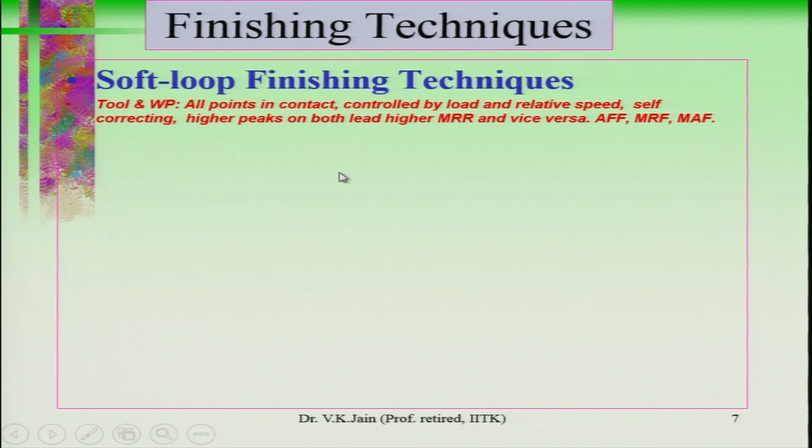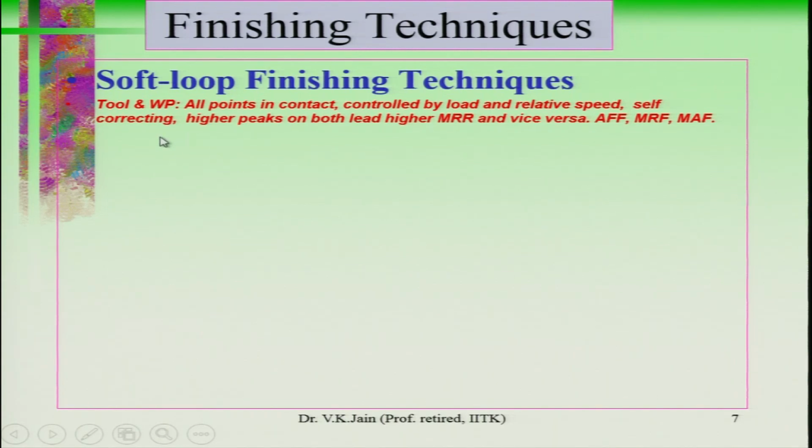We have seen in the earlier lectures in the introductory part processes like abrasive flow machining or magnetorheological finishing, where the component being finished and the tool finishing it are in contact, controlled by load and relative speed. You have to control the load acting on the tool and the relative speed between the tool and the workpiece, all of which are going to affect the final surface roughness value.